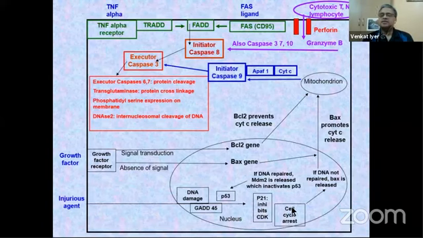The arrested cell tries to repair. If the DNA is repaired, MDM2 is released, which inactivates the P53. If DNA is not repaired, BAX is released, which causes apoptosis. This is prevented by the balance between BCL2 and the BAX gene.